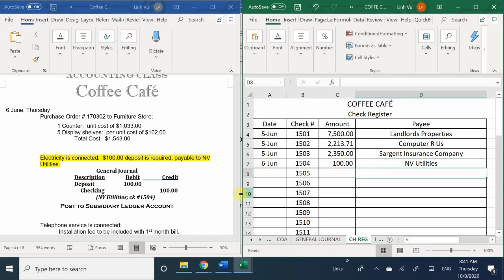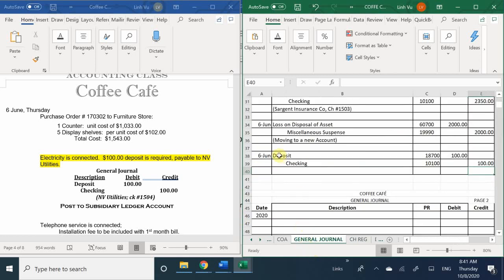Okay, now that I know that I wrote the check out for 1504, I can go ahead and complete my journal entry.